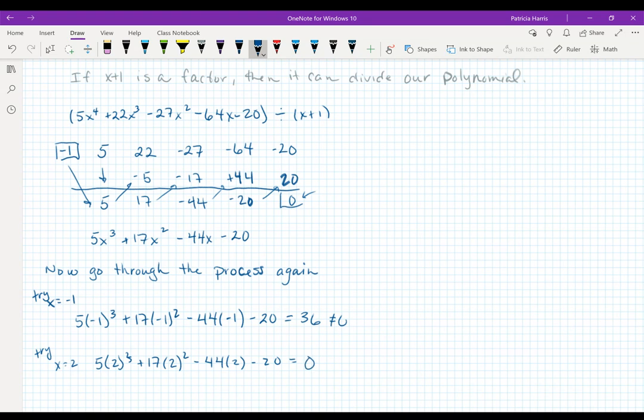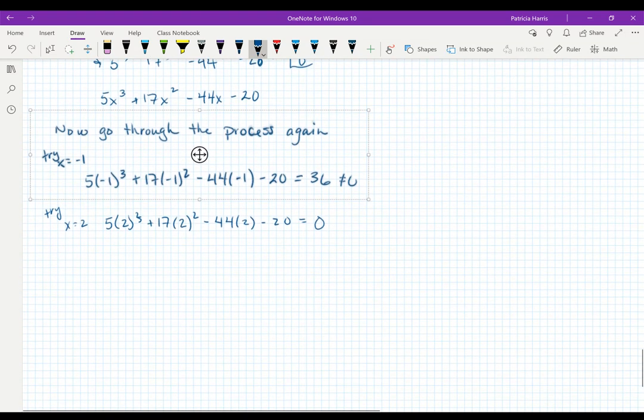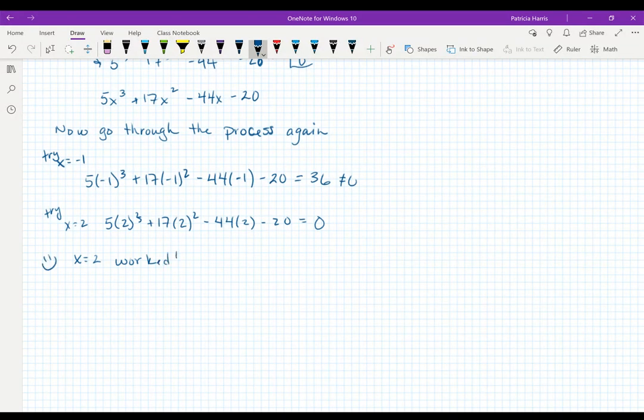Since x equals 2 worked, now I know that x minus 2 is a factor. So now I can use division to make it smaller.